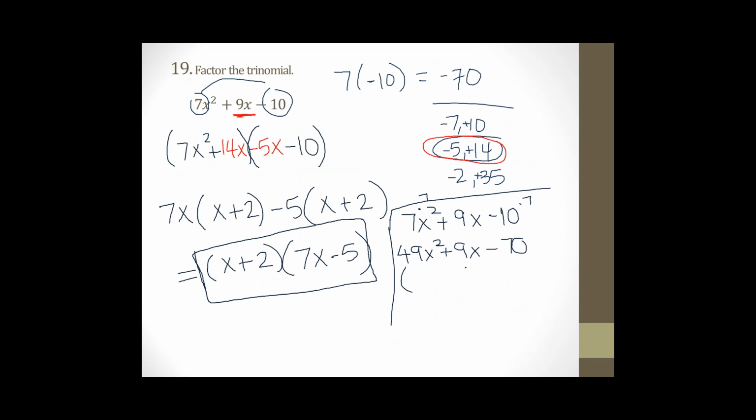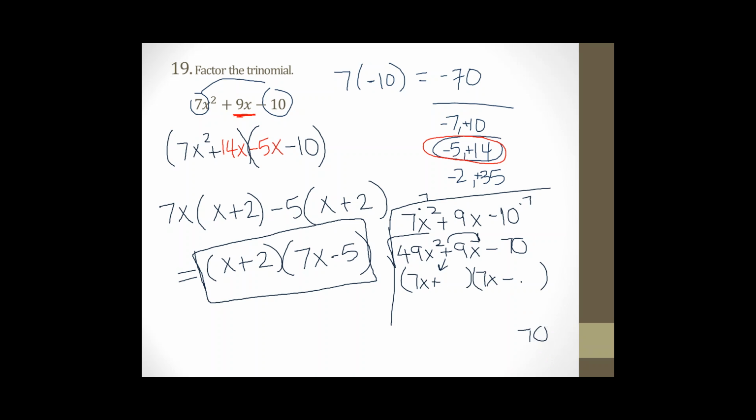So now, like in the previous problem, when you had a coefficient of 1, you're going to square root this first term, which is 7x, then bring down your first sign, multiply the two signs together, positive times negative is negative, and find the factors of this last number, which is 70.